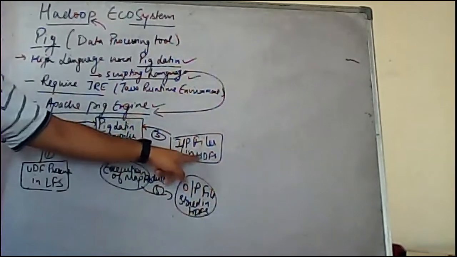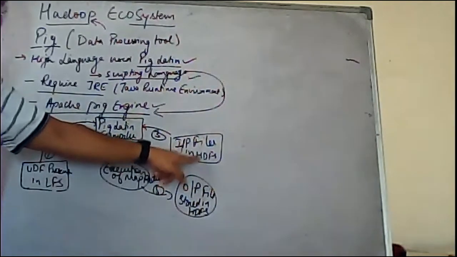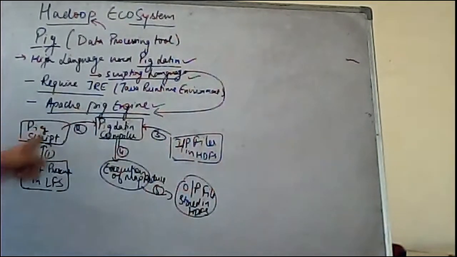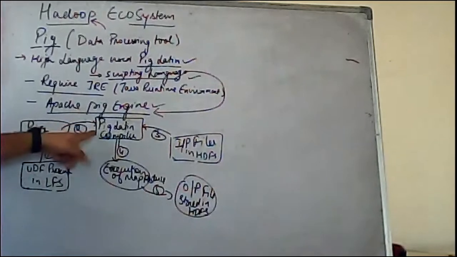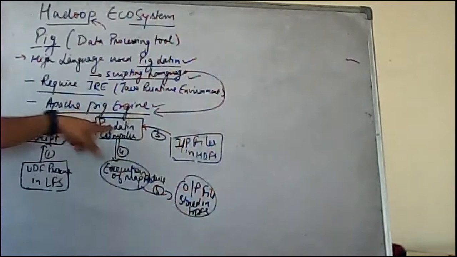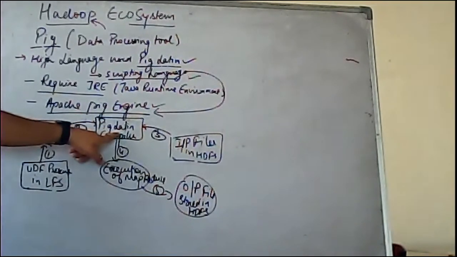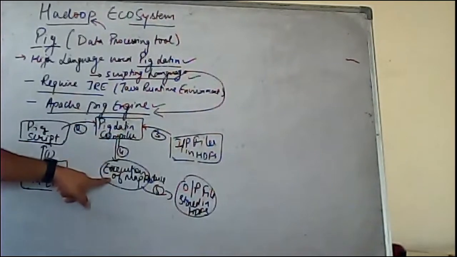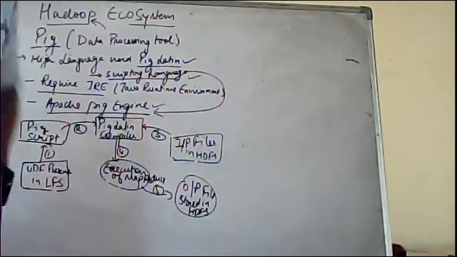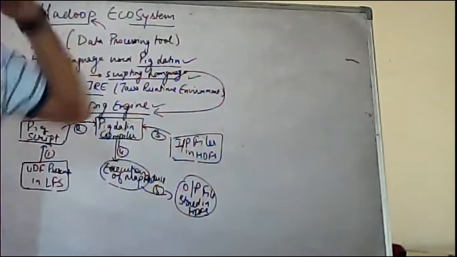From there, your unstructured data will be given to pig Latin as an input, as well as the pig script. The combination of both will be compiled by the pig Latin, and after compilation, it will execute a map reduce. What the function of map reduce is, we have studied in a previous diagram.